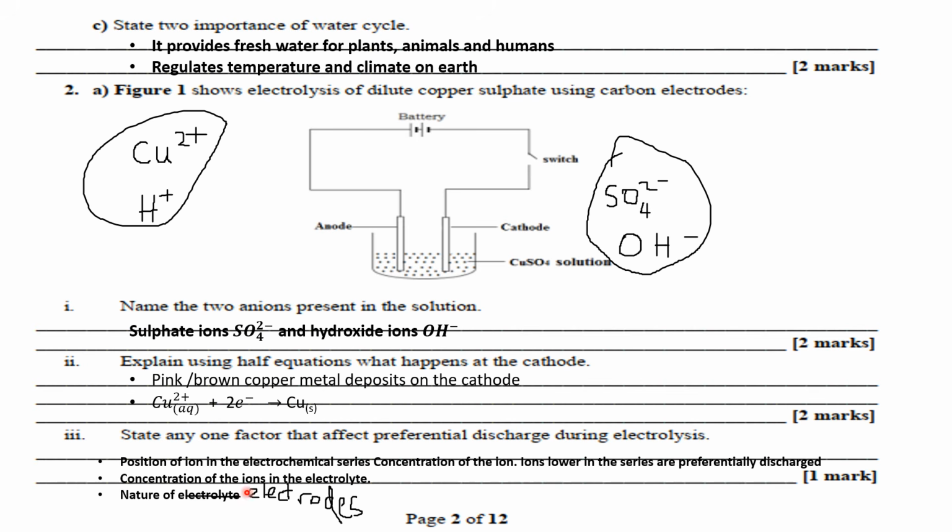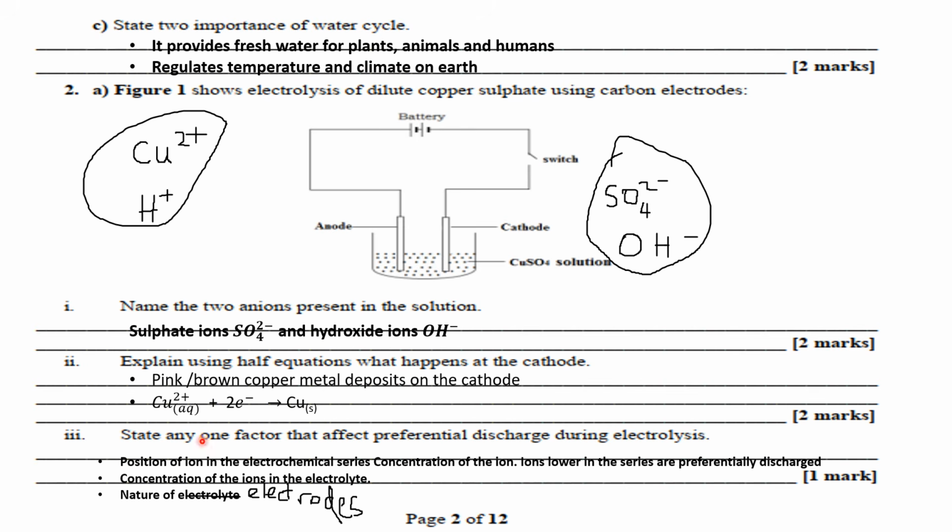So, nature of electrodes. Here we have carbon electrodes. Like I mentioned earlier on, carbon electrodes are inert, meaning they don't react with the solution in which they are dissolved.